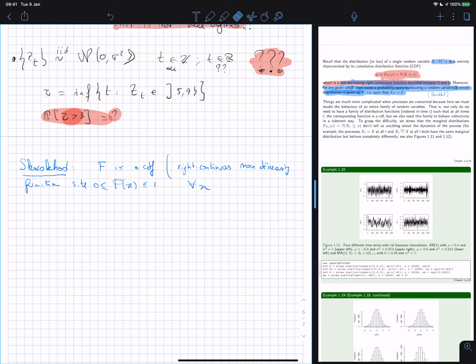Well, this is a purely analytical result. This is a purely analytical condition. There is no probability in here. Well, the result tells you that if F is a CDF, then there exists a probability space, Omega, equipped with its sigma algebra and its probability measure P, such that F of x is this probability.